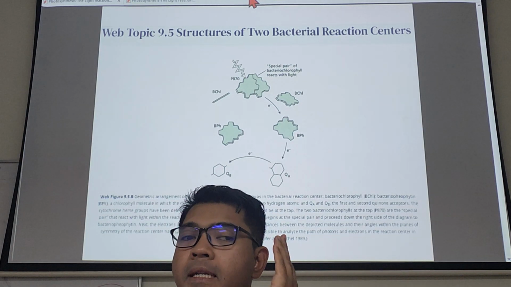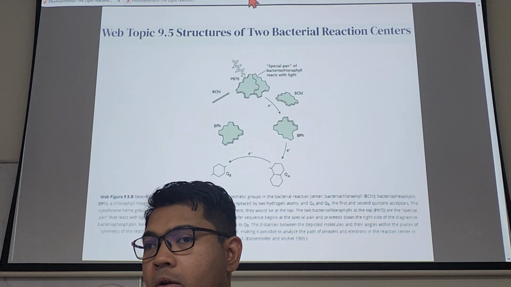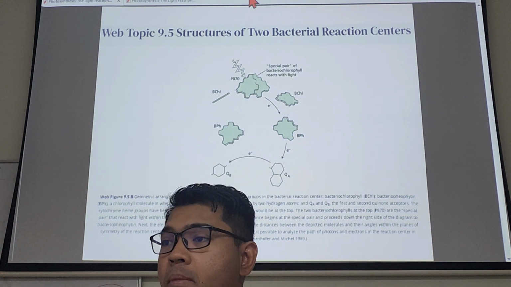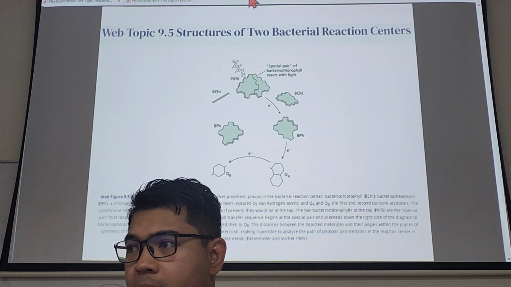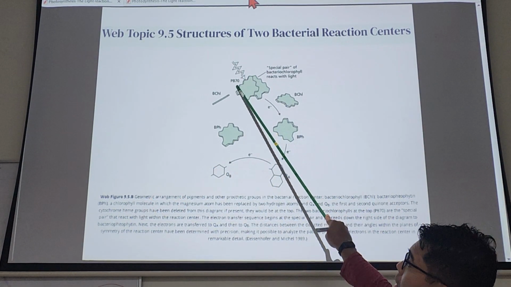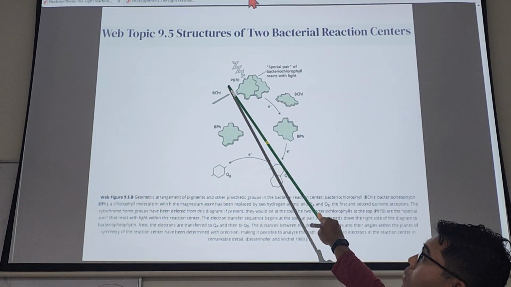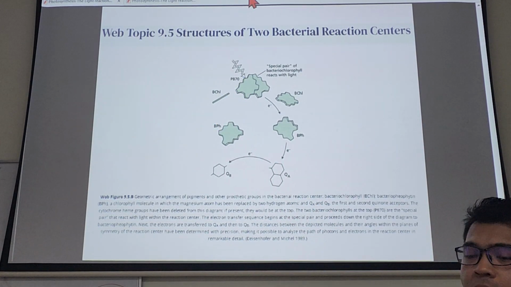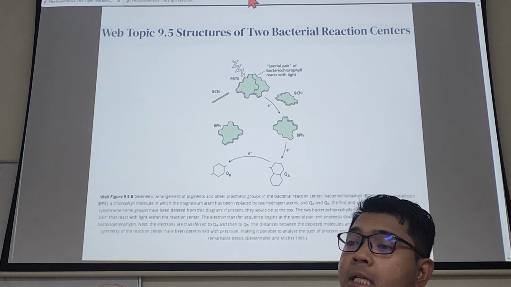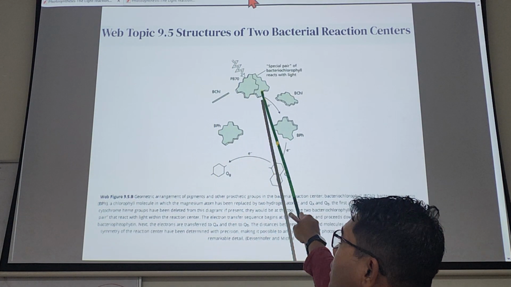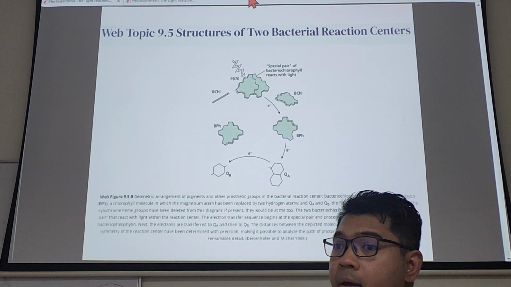In plants, the energy needed to excite the chlorophyll is about 680 to 700 nanometer, meaning the deep red. However, for bacteria, you need P870. P stands for pigment. 870 refers to the nanometer of light energy needed to activate the pigment.